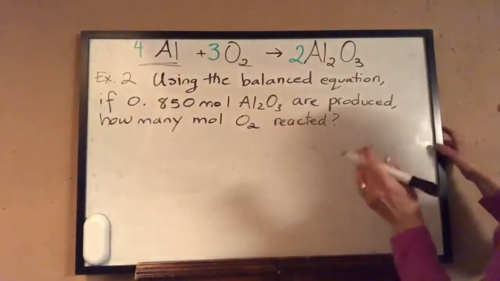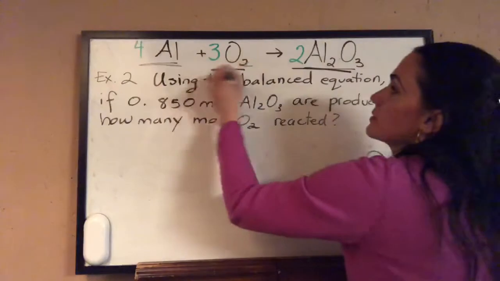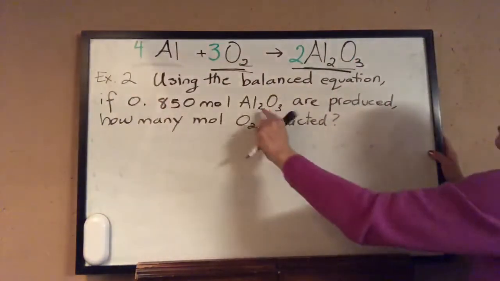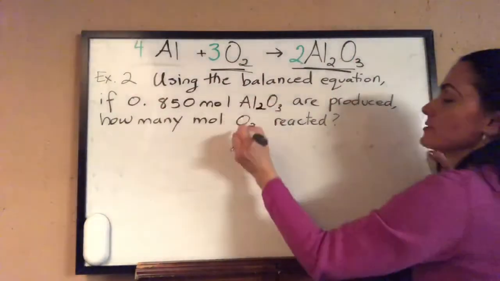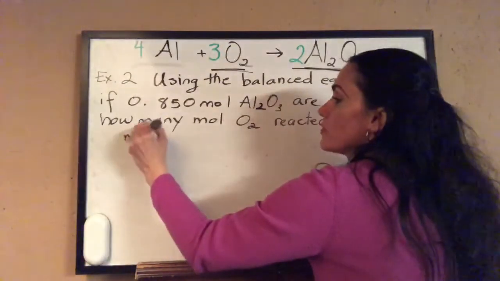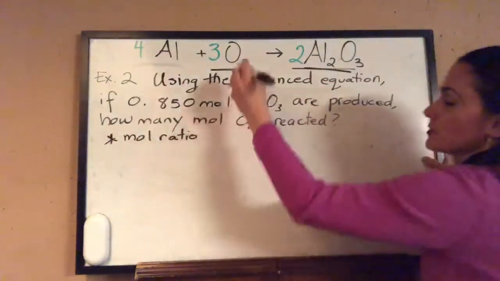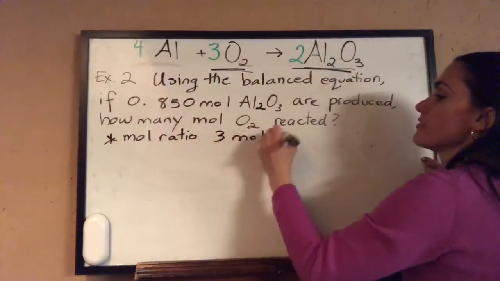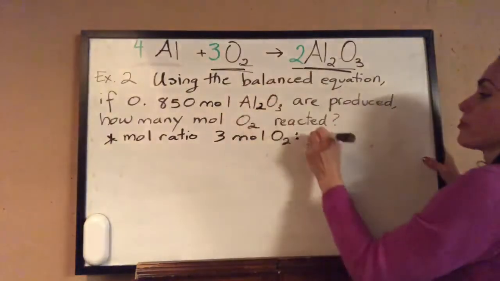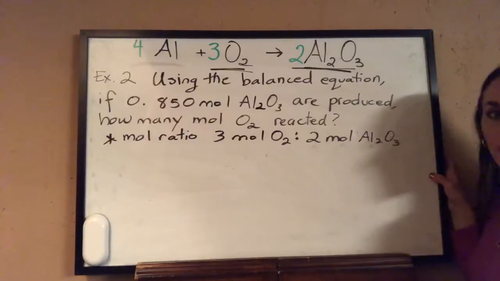All right, let's look at this problem. We're looking at these 2 substances, okay? Aluminum oxide and oxygen. Let's determine the mole ratio. 3 moles of oxygen will produce 2 moles of aluminum oxide.